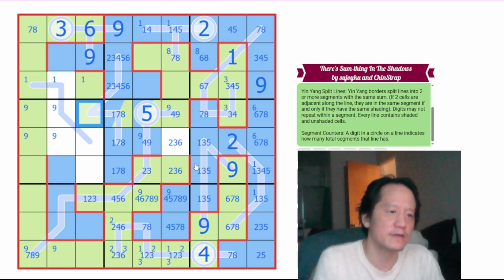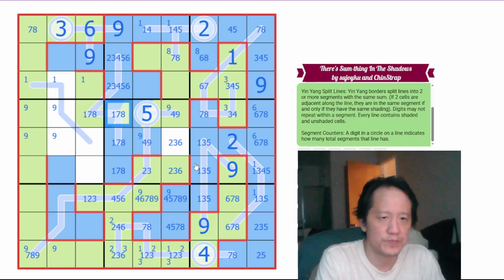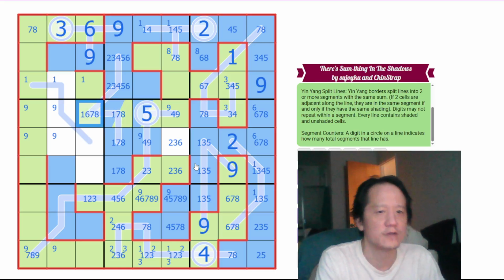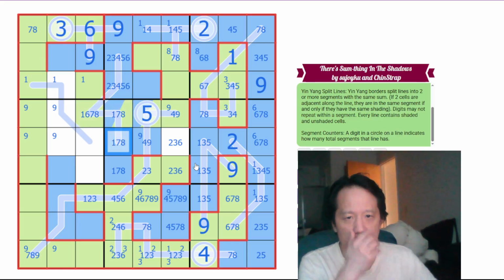This is either 7 or 8 here, or it's 1, or this adds up with 1 here to add up to 7. So it would have to be 1, 6 or 1, 7 adding up to this digit here.